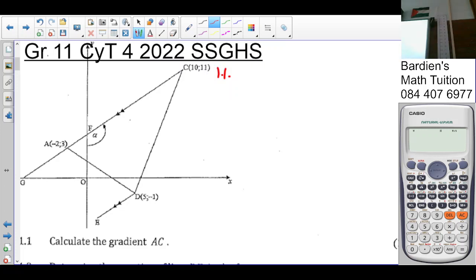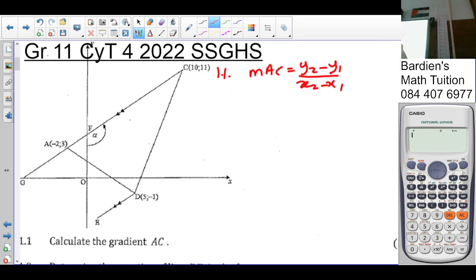So the gradient formula for AC is y2 minus y1 over x2 minus x1.